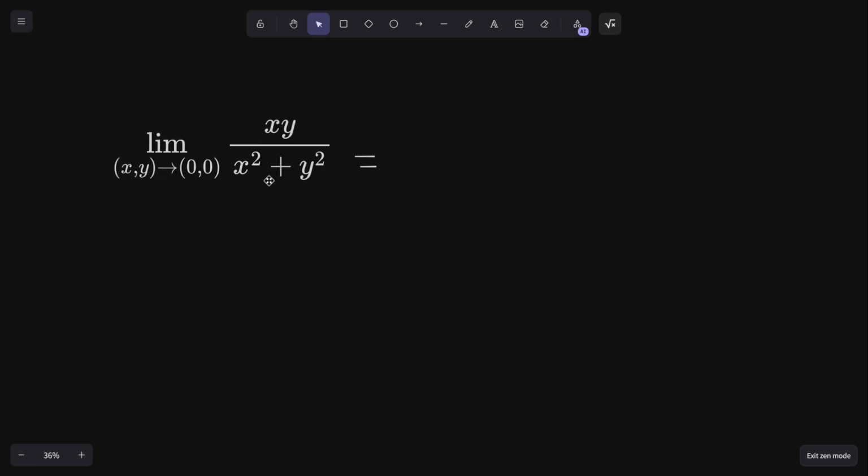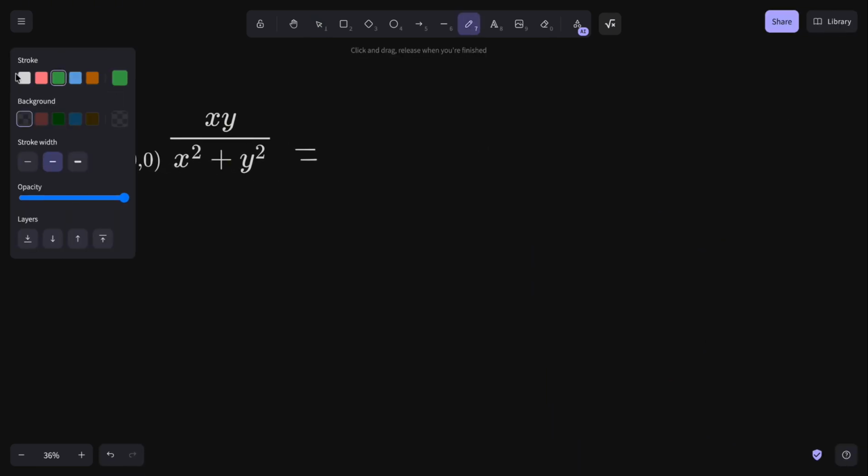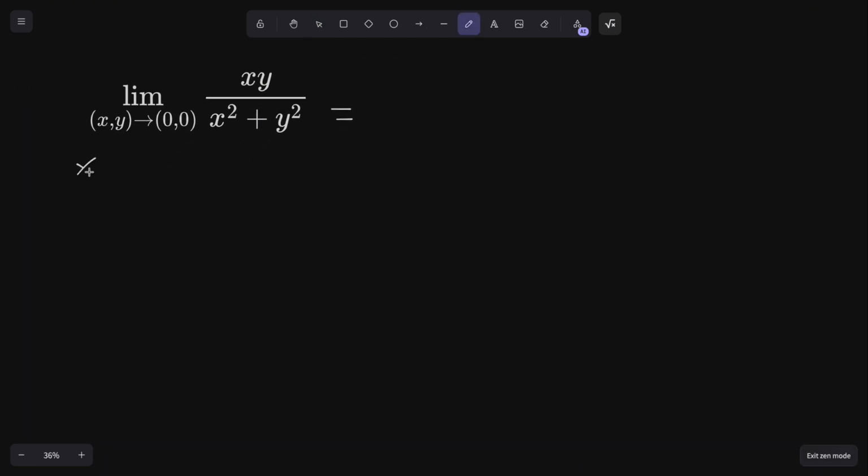So let's take a look at this one. We're going to use the same strategy. Let's approach this from x equals 0. So when x is equal to 0, you have the limit as (x, y) approaches (0, 0), and this is just going to be 0 divided by y squared. This is the limit as y approaches 0, because we held the x value constant.